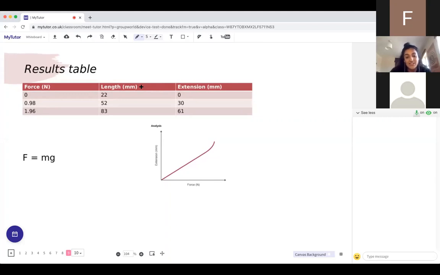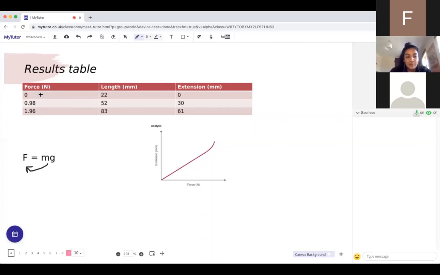However, you can do it in centimeters, as long as you then convert it into meters to work with in either the Hooke's law equation or the elastic potential energy equation. So force is measured in newtons, and remember, we don't really care about the mass, we care about the force. So we need to convert the mass into the force by timesing it by g first.